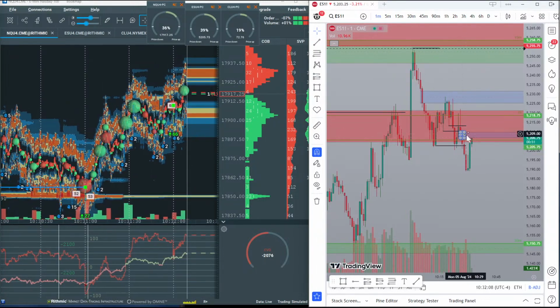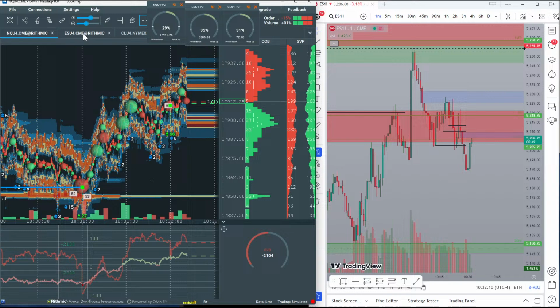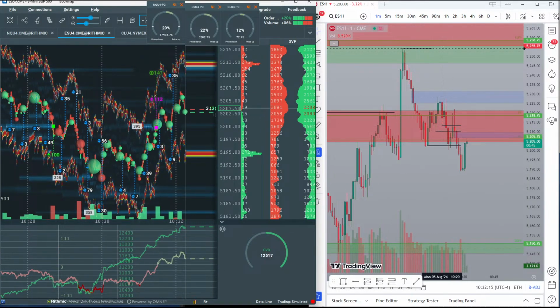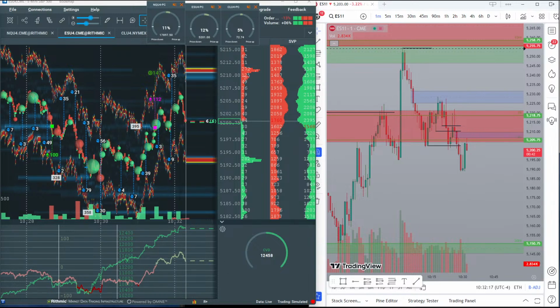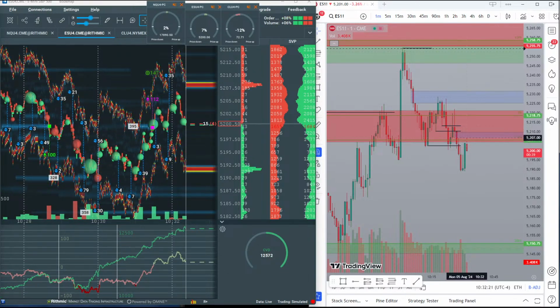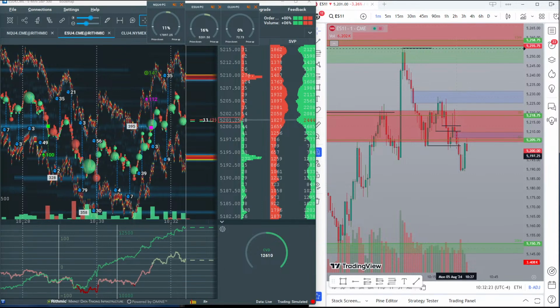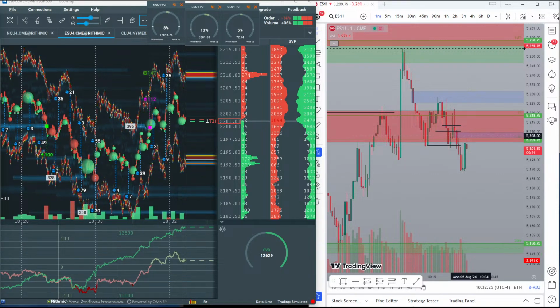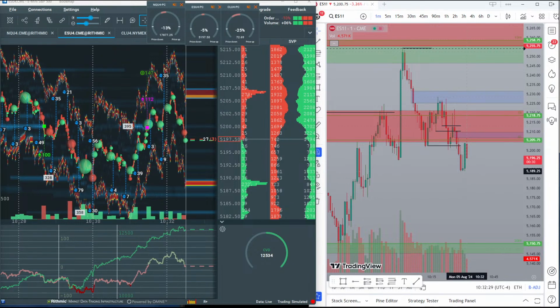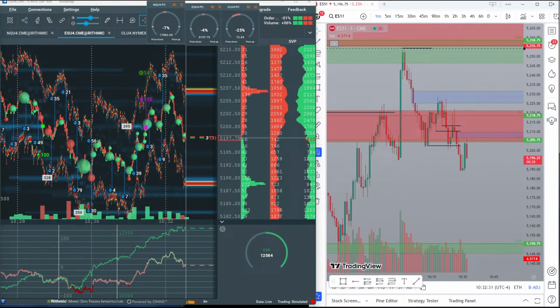Ideally we would look for this fair value gap right here to hold on ES, but because nothing's ideal right now, most likely it will not hold up on ES.